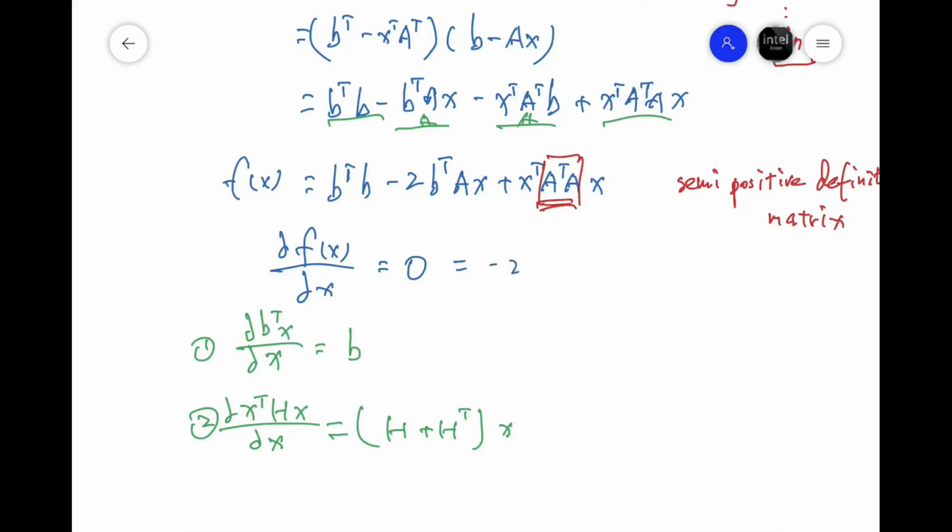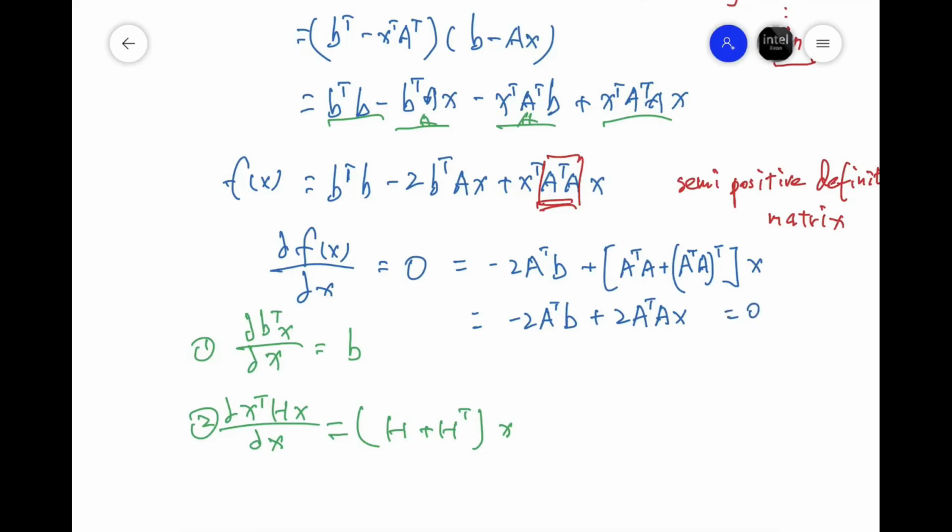Then we will get 2 times A transpose B. And then the last term, we will use rule number 2, which will give us A transpose A plus A transpose A whole thing transpose times X. Since A transpose times A is a symmetric matrix, doing the transpose of it again, it's just the same as itself. So let's write it down. It's 2 times A transpose A times X. And set it to 0.